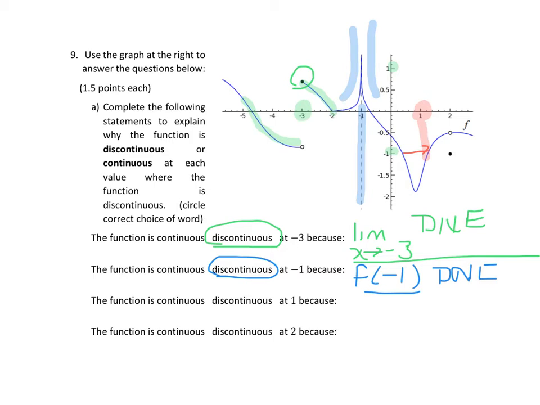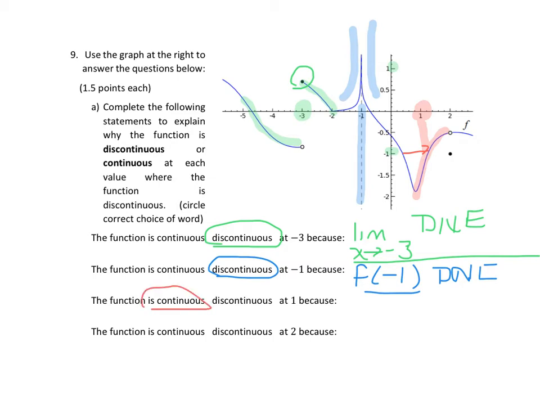So then we look and say, okay, does the limit exist? The limit from the left appears to be negative 1, and the limit from the right appears to be negative 1. Therefore, the limit exists. And then the third step is, does the limit equal the value of the function? And the answer is yes, it does.